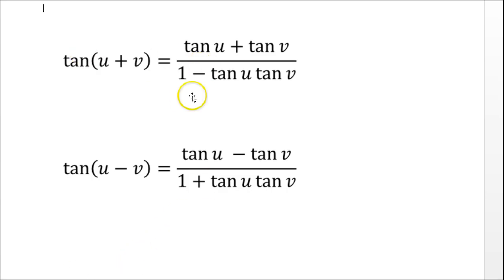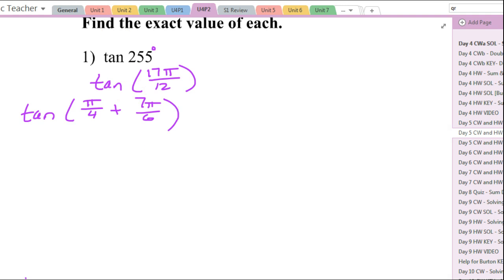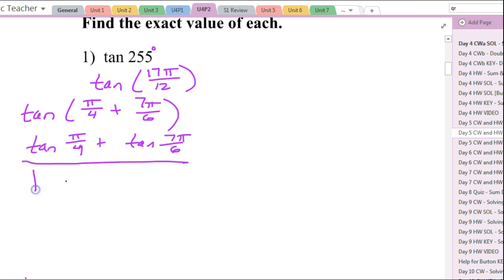Now, looking at our sum and difference identities, this is the formula for the tangent of a sum. So hang on to that in your brain. So if I apply that formula to this, then I have tangent pi over 4 plus tangent 7 pi over 6 over 1 minus tangent pi over 4 tangent 7 pi over 6.